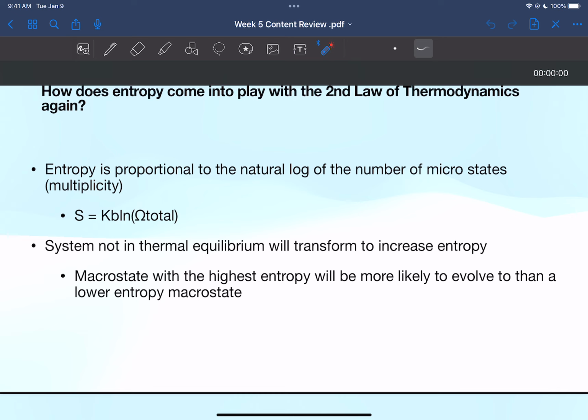Now, spontaneously, that ice cube will melt. It'll evolve towards a higher entropic state, one that gives it more microstates, more ability to move, more ways to distribute and store energy. We can think about that as disorder, or chaos.